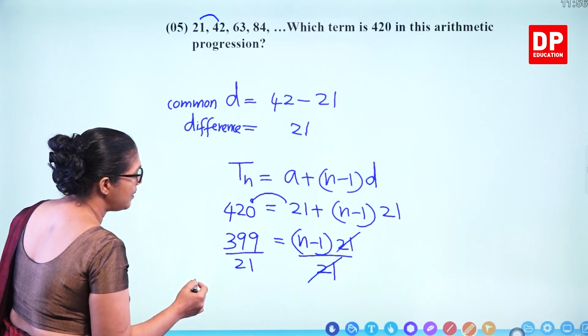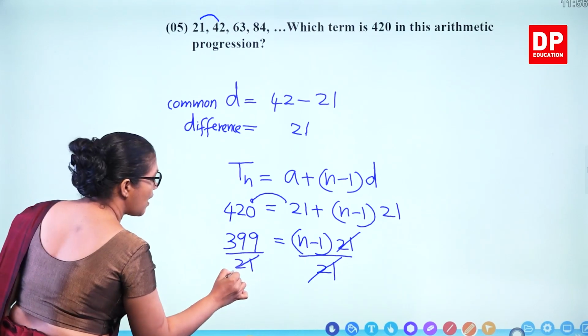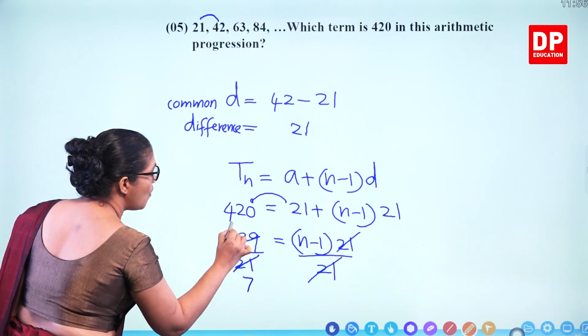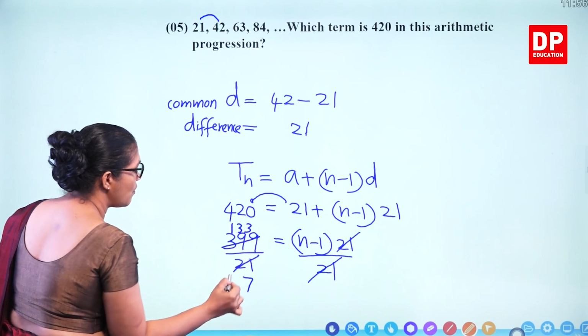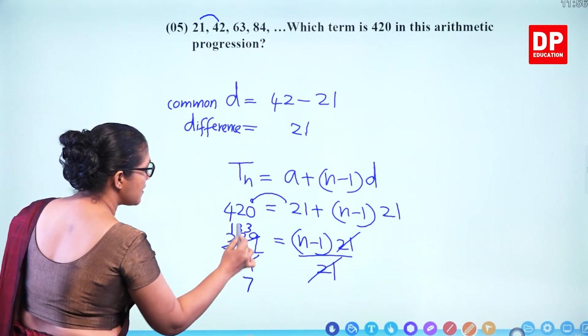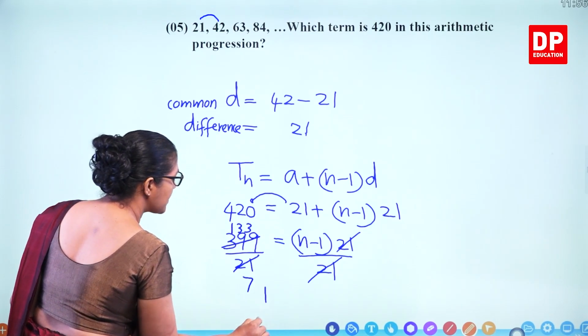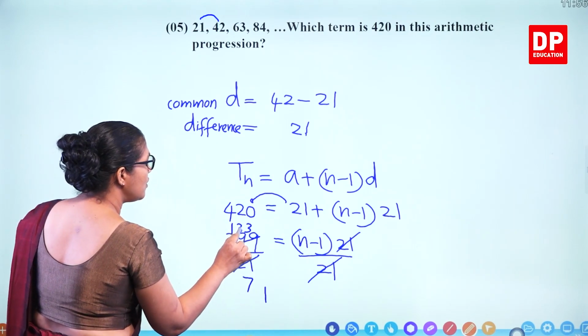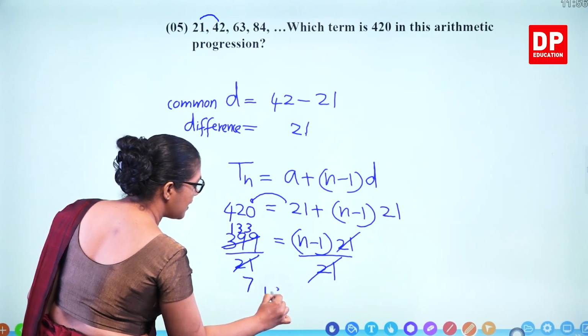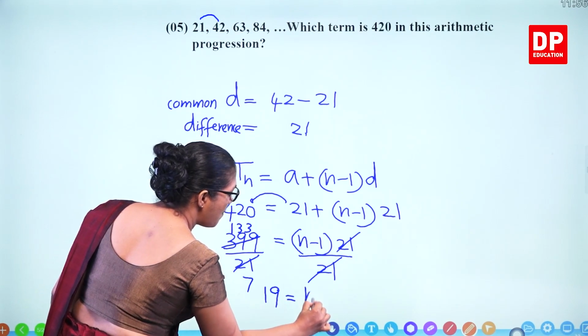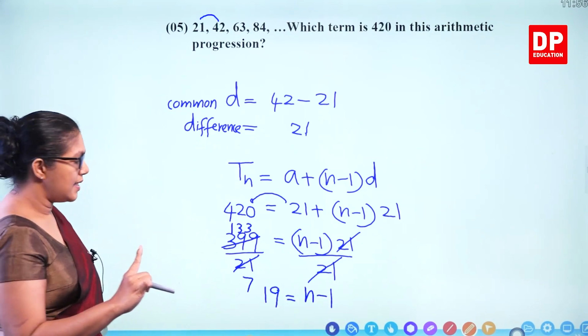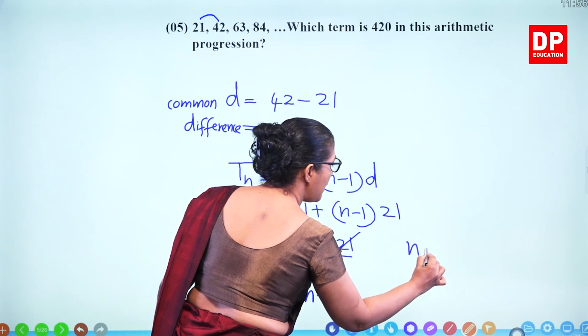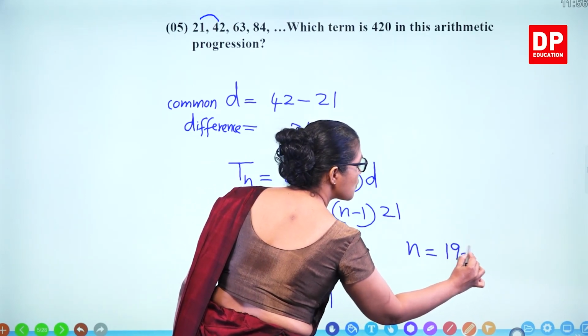So we can say first divide by 3. This is 7, 133. Now divide by 7. 7 times 1 is 7, then you get 63. That's 9. So n minus 1 is 19. So what's n? n becomes 19 plus 1.